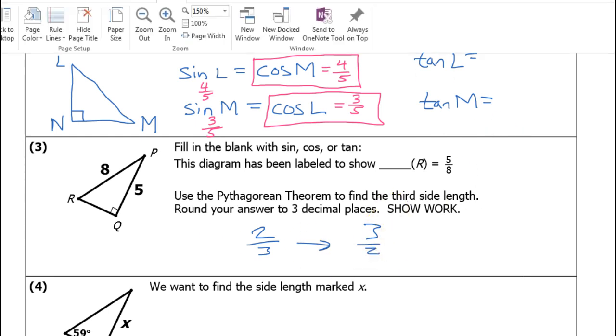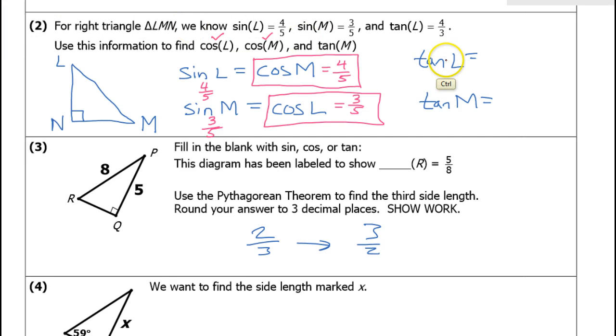So when they give us that the tangent of L is 4/3, then the tangent of the other angle M must be 3/4. They have to be reciprocals of each other. And the tangent of M is the third thing that we were supposed to find. Alright, so there we found all three.